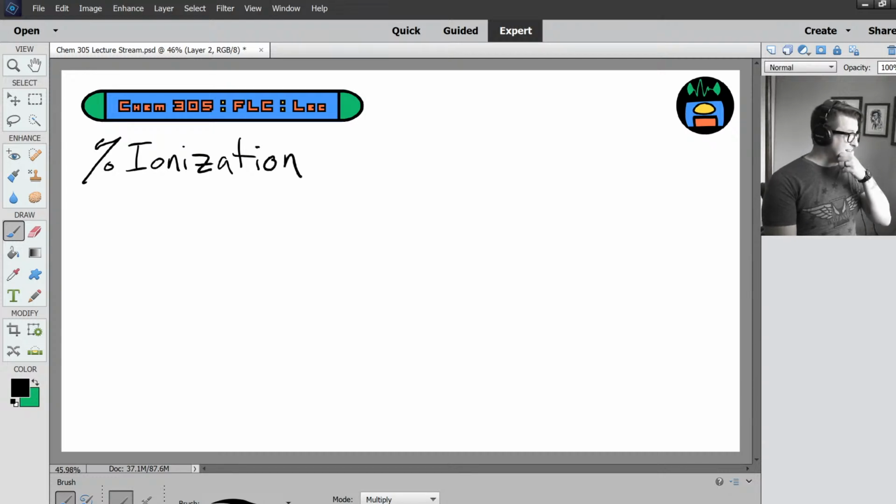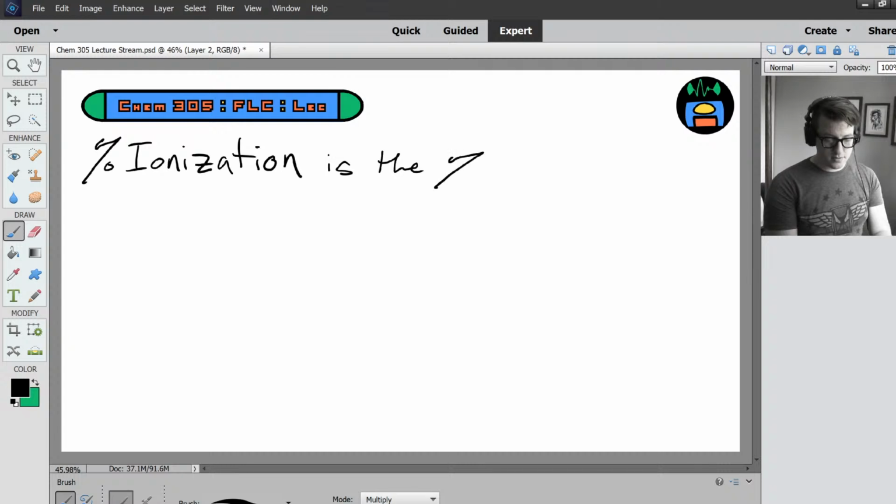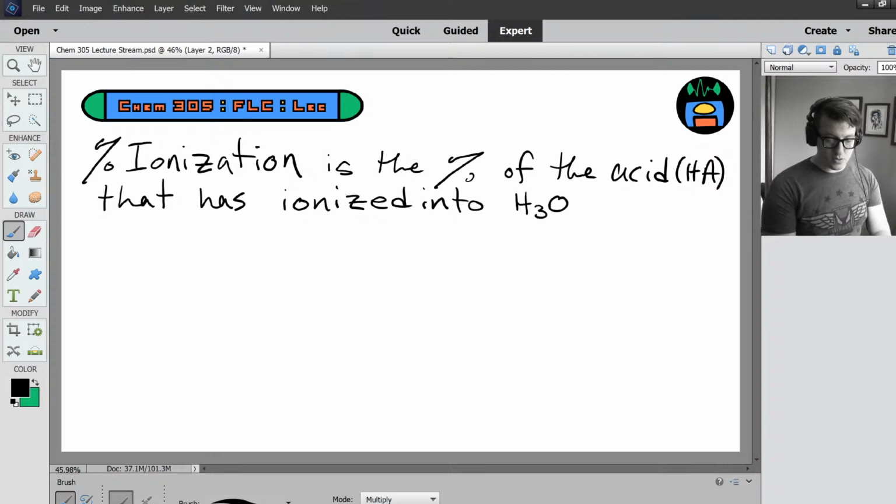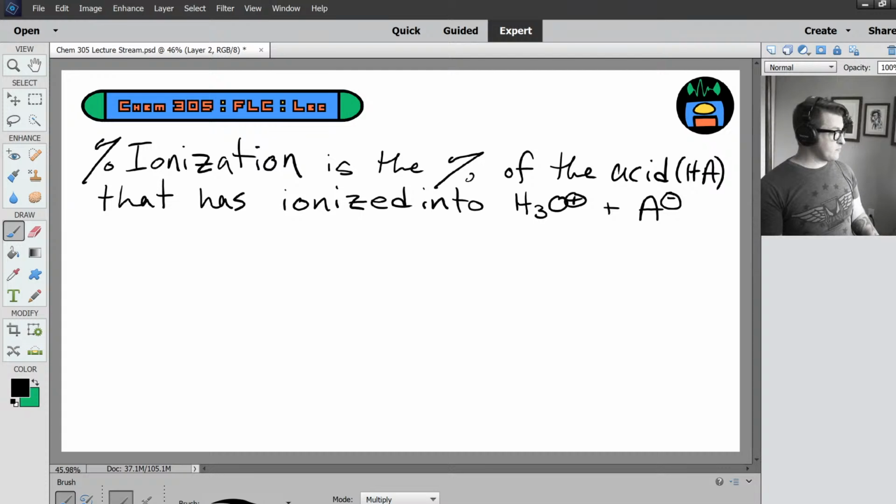All right, so percent ionization is the percentage of the acid, which again we're abbreviating as HA, the percentage of the acid that has ionized into hydronium, H3O plus, and A minus.